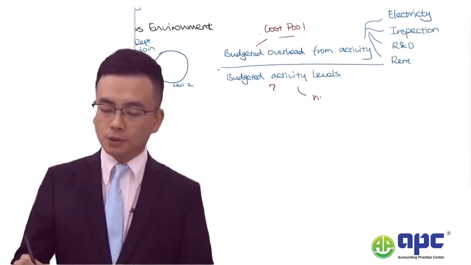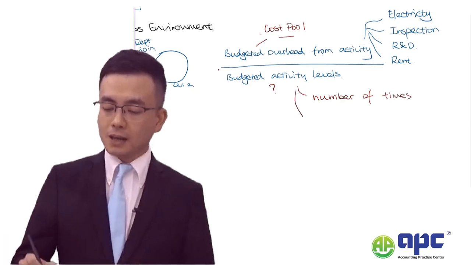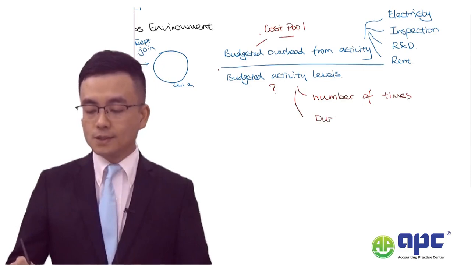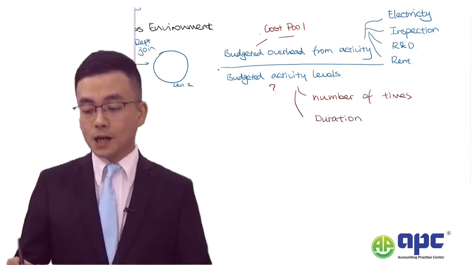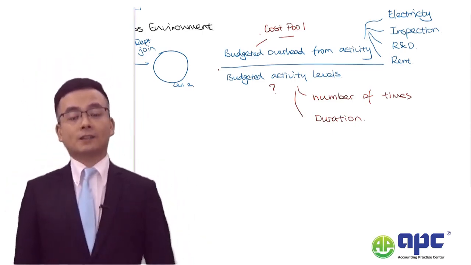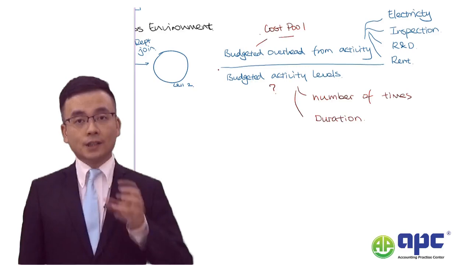One is the number of times that this happens. Second, we can use the duration, for example, how many hours we need to spend in this particular activity. So this is the idea of ABC.